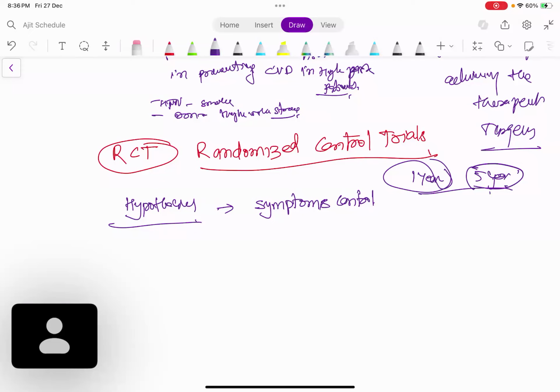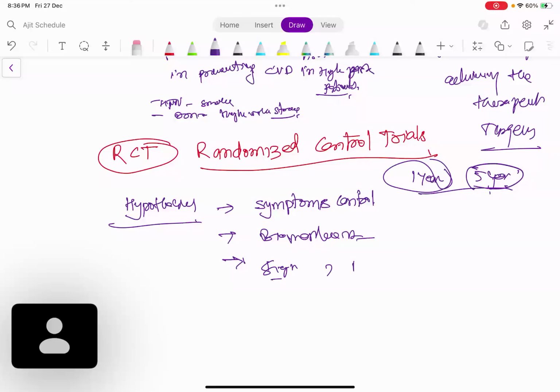So first is symptom control. You can check the biomarkers, whether they are increasing or decreasing over time. Not only symptoms, but there are also signs, so you can check signs and symptoms.